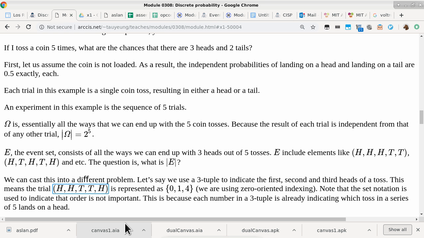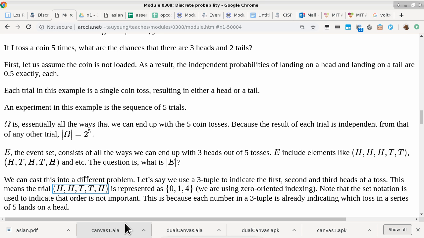So can someone tell me how these two relate? Head, head, tail, tail, head versus 0, 1, 4. I guess you're looking at the outcome, head, head, tail, tail, and then head as like an array. Exactly. The first head was the 0th element. Yep. Second head is the first element. And the third head is the 4th element. Good job. That's exactly what we are doing, okay?